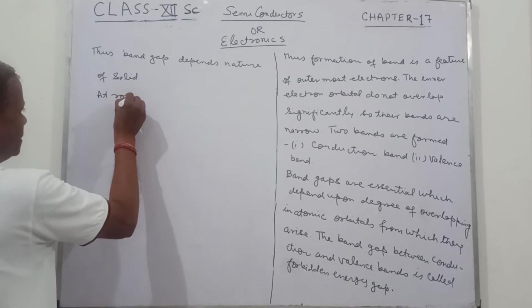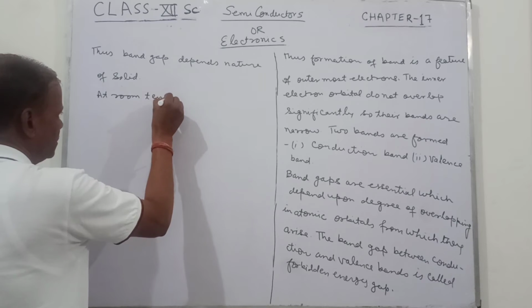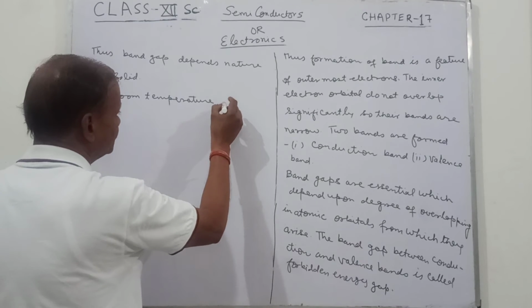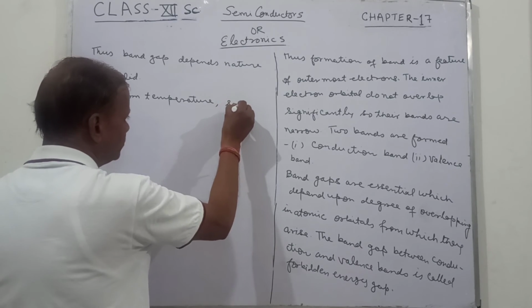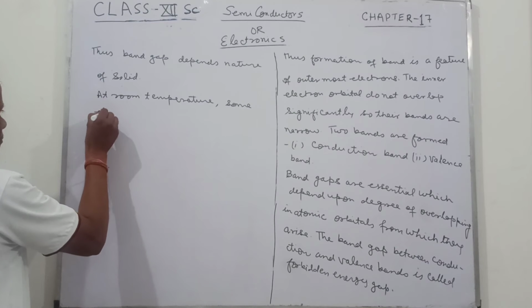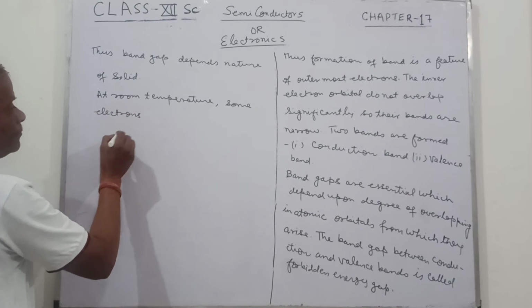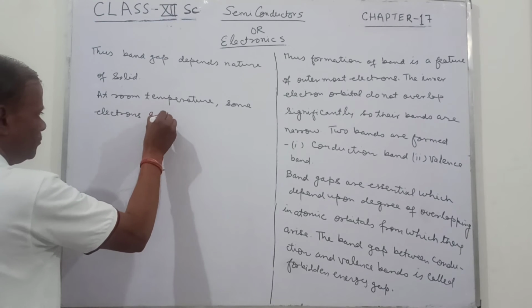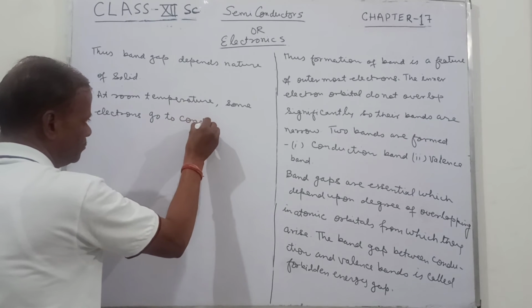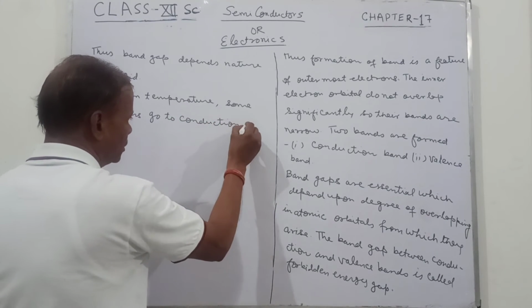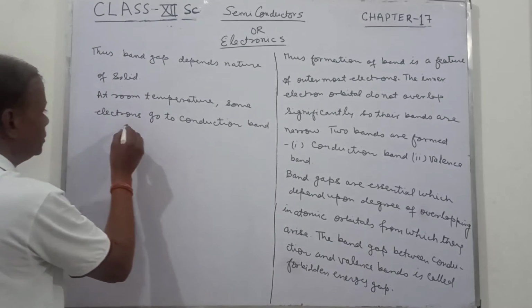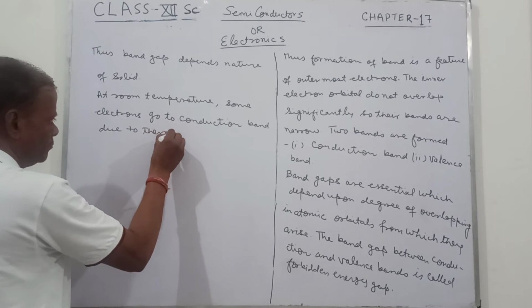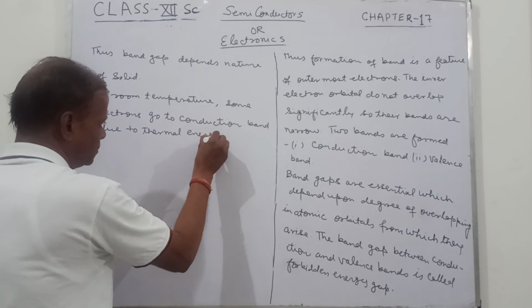At room temperature, some electrons go to the conduction band due to thermal energy.